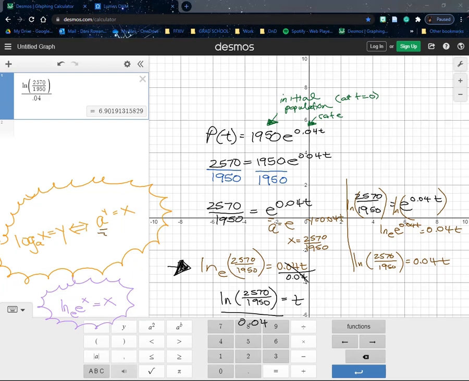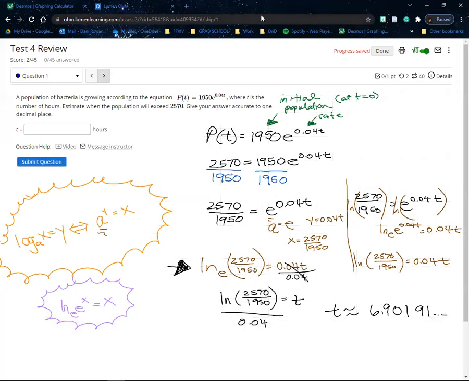Okay, so our answer is t is approximately 6.90191, keeps going, right? So if we look back at what it's asking for, give your answer accurate to 1 decimal place.